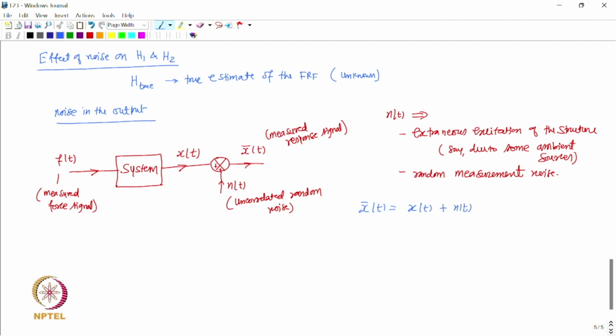And if you take Fourier transform of this, we get x bar omega equal to x of omega plus n of omega, right. And let us now try to determine what is the effect of this noise on the estimates H1 and H2.